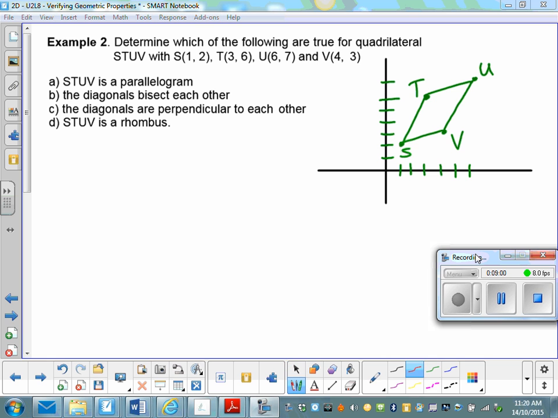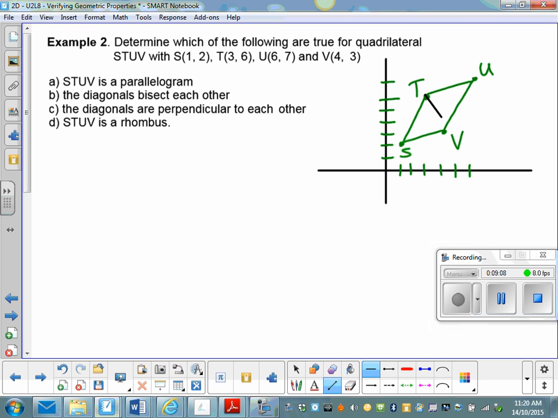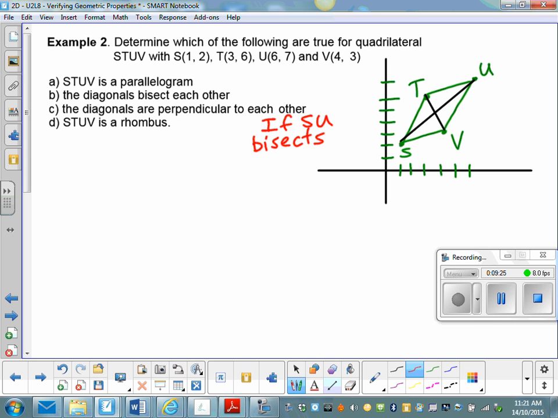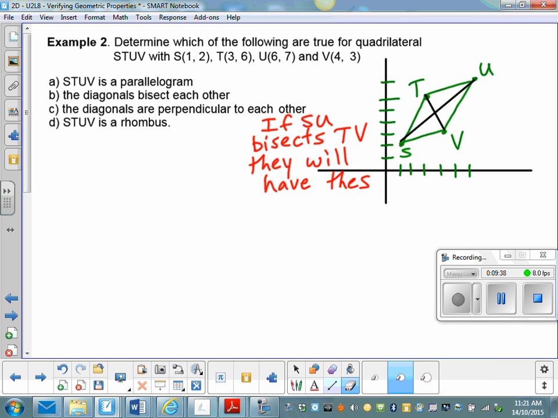Okay, so I've got my diagram there. If I draw the diagonals, then there are these two lines. And so basically if SU bisects TV, they will have the same midpoint.